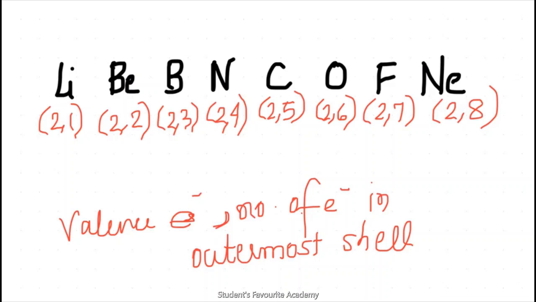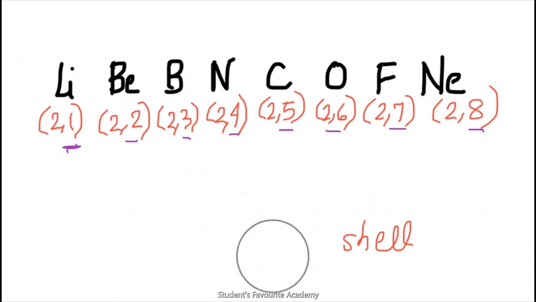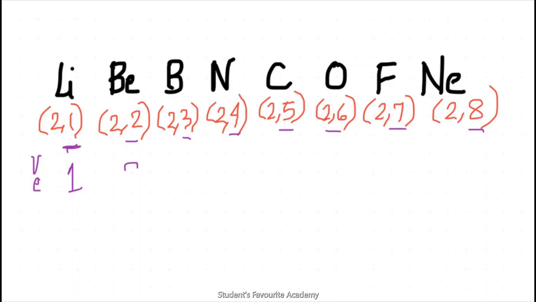Now as the name suggests, children, if I want to write down the number of valence electrons, I will write it like this: valence electrons are equal to 1, 2, 3, 4, 5, 6, 7 and 8.